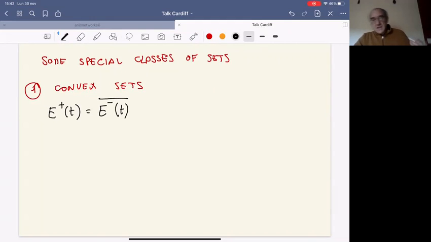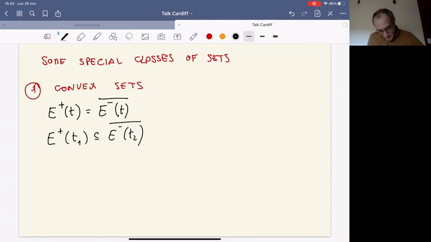And they are always decreasing: E plus of T1 is contained in E minus of T2, maybe with a closure, for every T1 greater than T2. So they coincide up to closure, and they are decreasing. In particular, everything is contained in my original convex set.